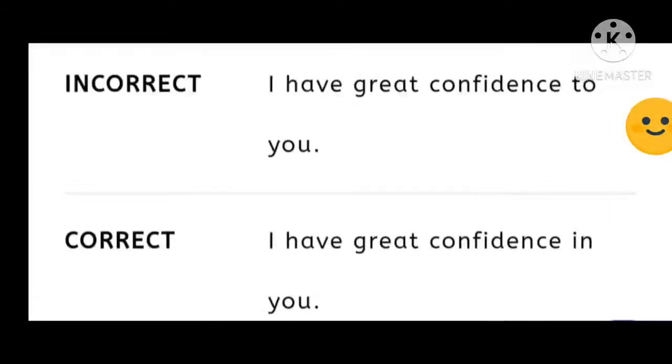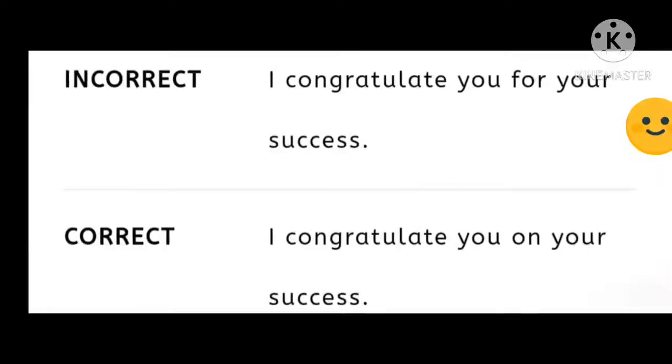I have great confidence to you. I have great confidence in you. So confidence in you. I don't believe in you. I don't rely on what you say. So confidence in. Don't use confidence to. I congratulate you for your success. And the fixed phrase is congratulate on.